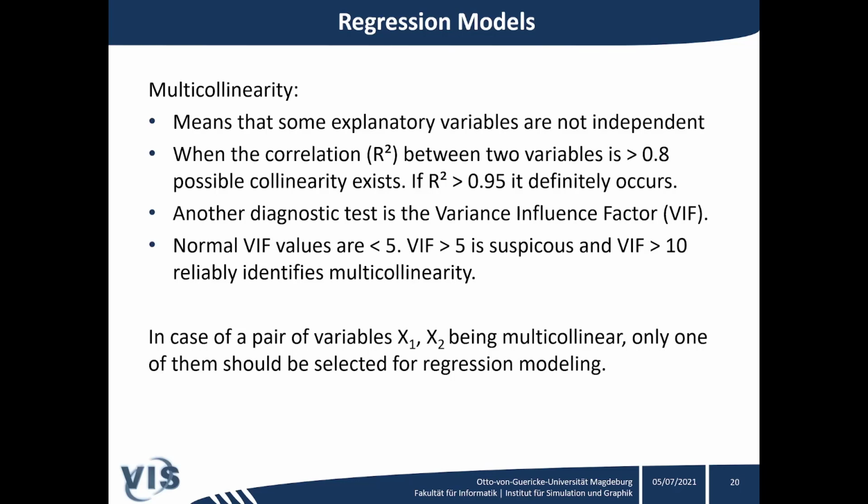When the correlation, so the R-squared value between two variables, is larger than 0.8, possible collinearity exists. And if the R-squared value is larger than 0.95, it definitely occurs. Another diagnostic test is the variance inflation factor.